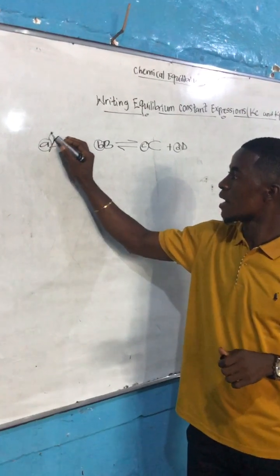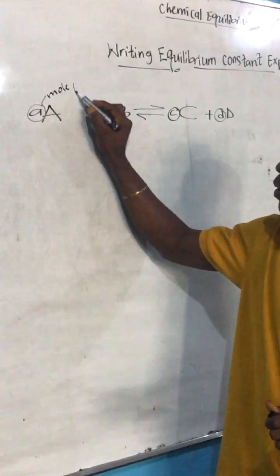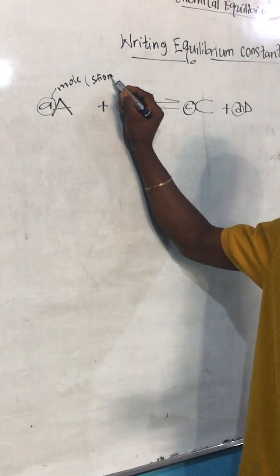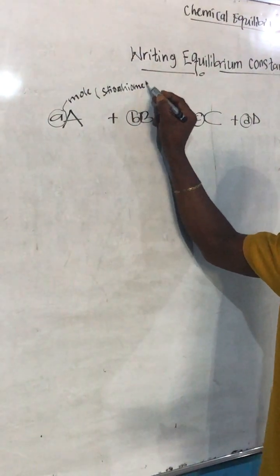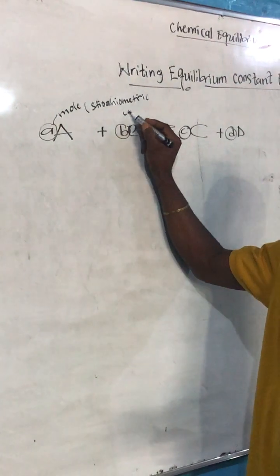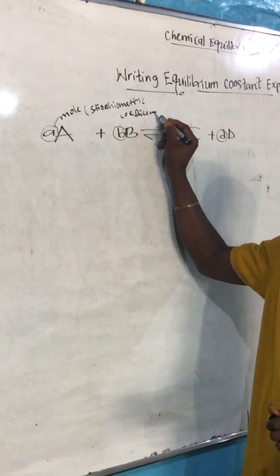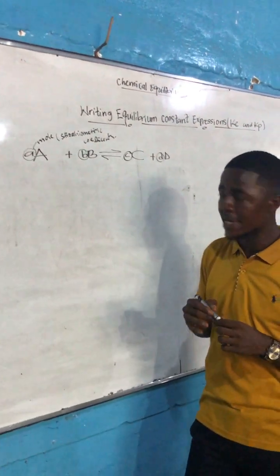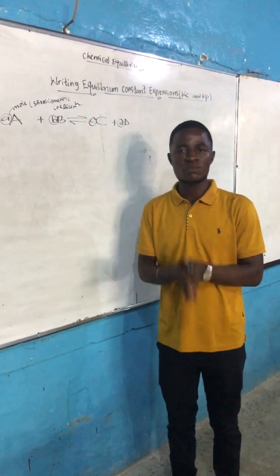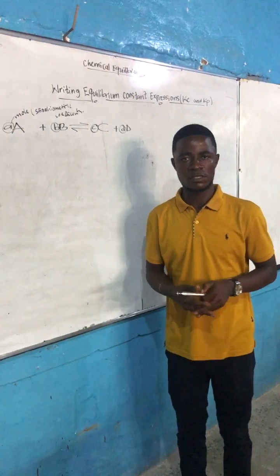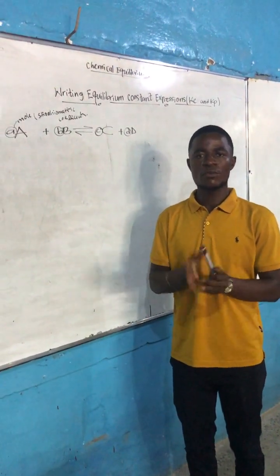These are referred to as moles, or stoichiometric coefficients, and they are very necessary in this process. When you are writing equilibrium constant expressions, you use the stoichiometric coefficients. They are very important.